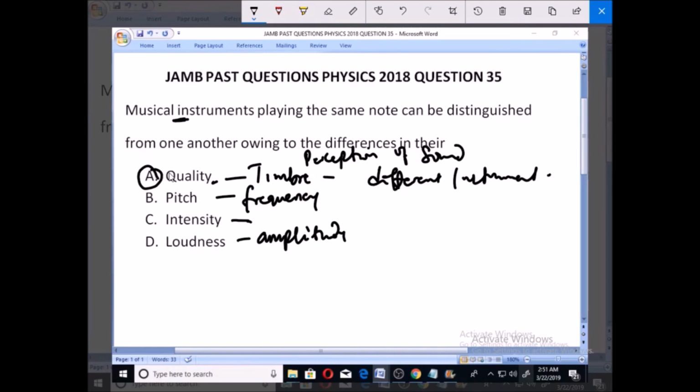Loudness is only talking about how loud or soft a sound is, and it relates to the total number of auditory nerve stimulations over a short cyclic time period, most likely over the duration of a theta wave cycle. But timbre or quality is what differentiates sounds of similar notes from different instruments, and that makes A the answer to the question. Thank you.